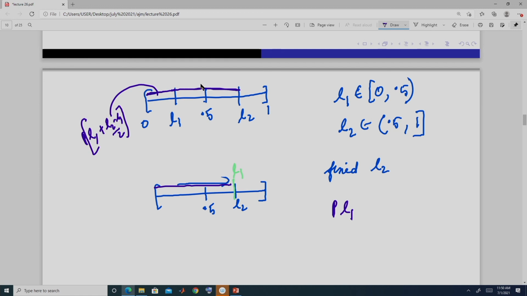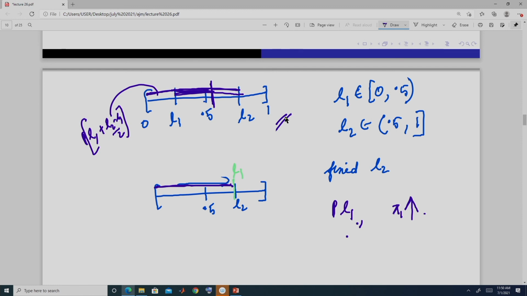Earlier only this and half of this, so it was getting this much profit. Now, it is getting the whole amount. So, the profit of firm 1 increases here. That is why this is not a pure strategy Nash equilibrium.